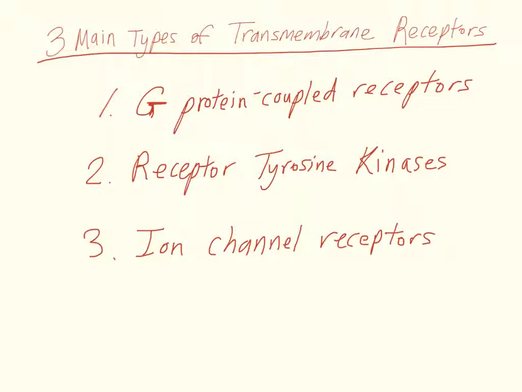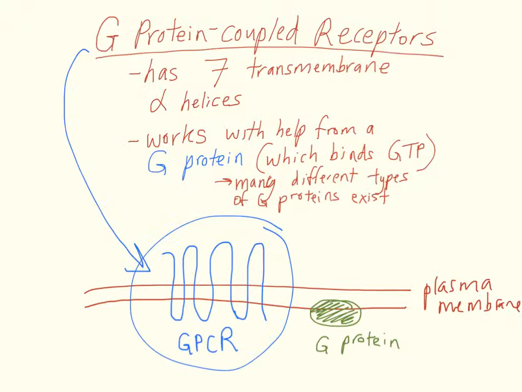Now there are three main types of transmembrane receptors. We have G protein-coupled receptors, receptor tyrosine kinases, and ion channel receptors. We'll be covering each of those in detail. Let's start off with G protein-coupled receptors.